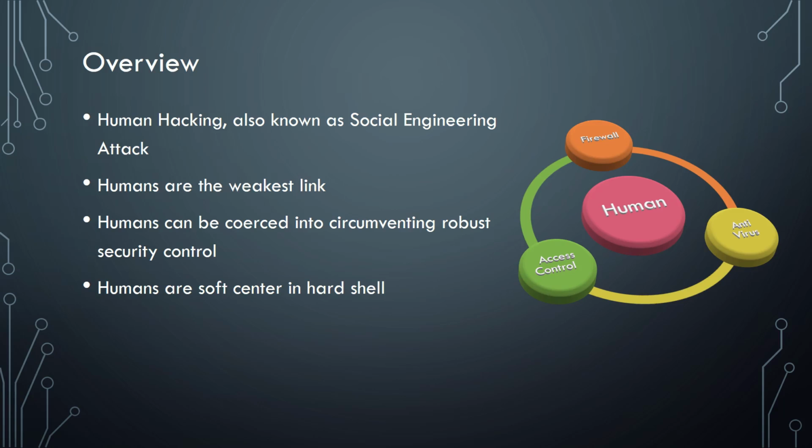All these components form a hard shell around the information system and provide digital security. Behind this control within the hard shell are humans, the people who sit within the firewall, who have access to the files which we would otherwise protect with access controls, and who have the ability to run software on those environments, potentially circumventing antivirus control.